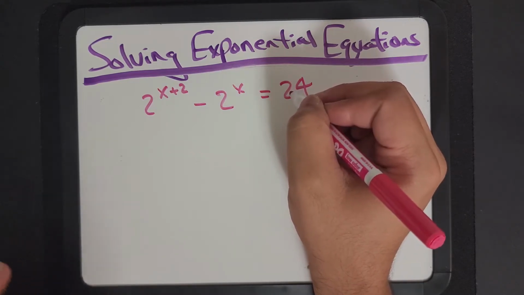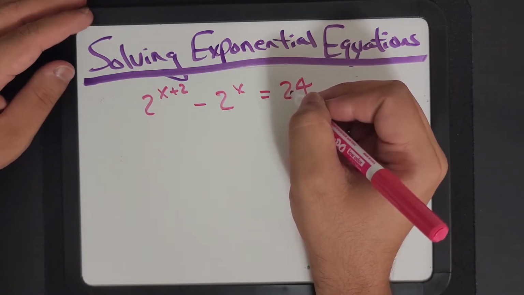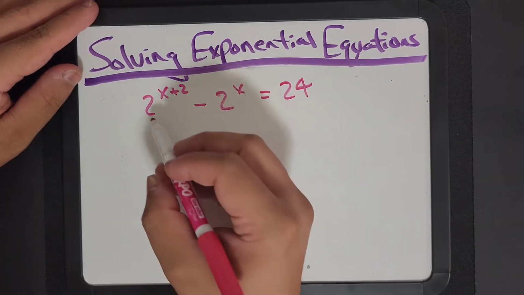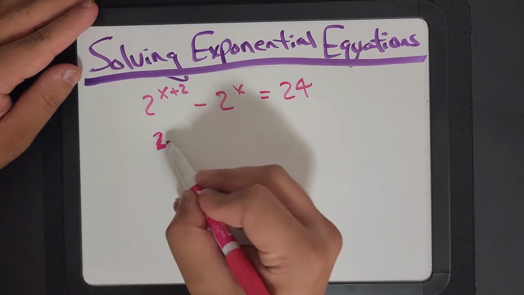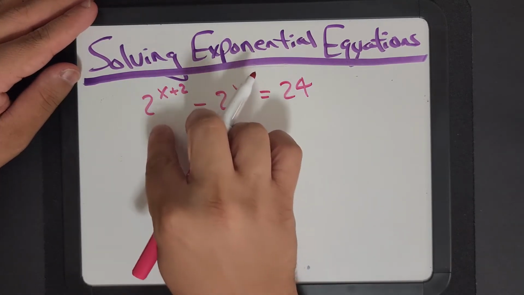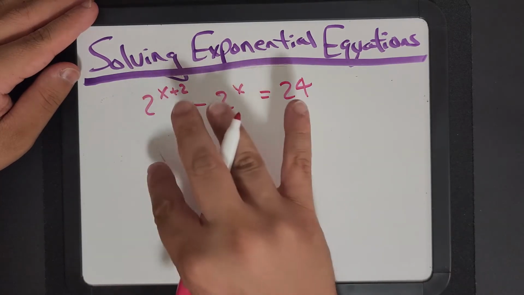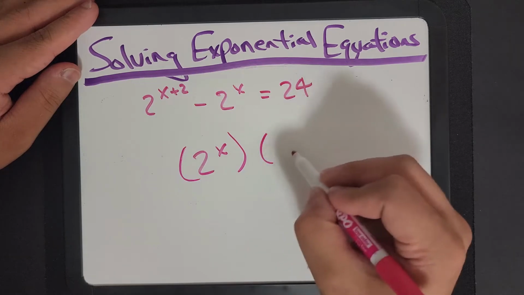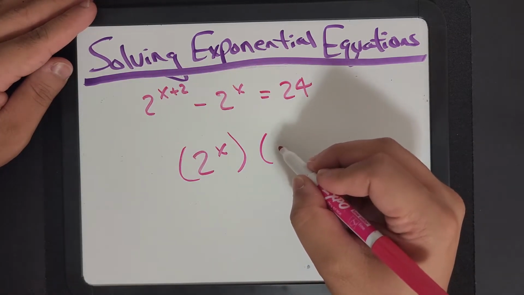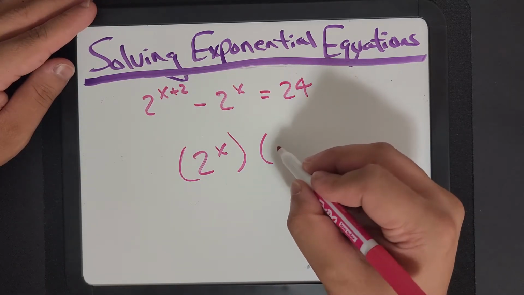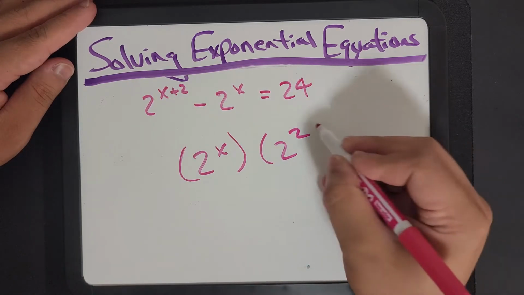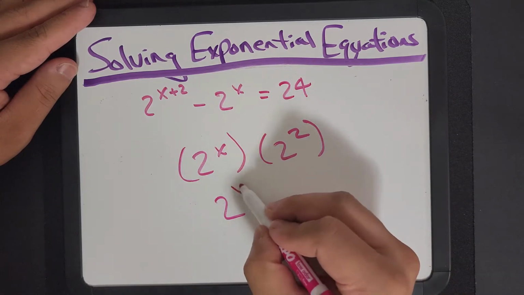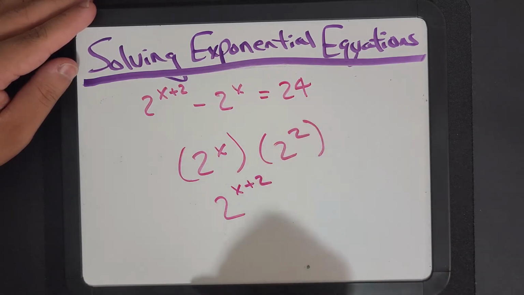So, what can we do here? If we remember our exponential laws, we know that when you have 2 to the power of x times 2 to the power of, say, 2, when you multiply these two, the exponents actually add.